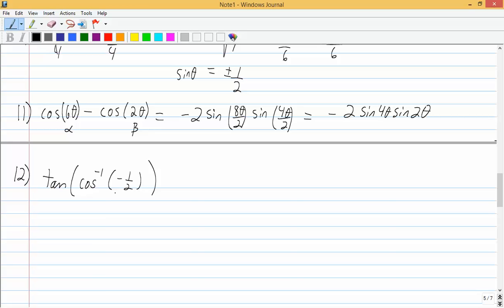So what you want to do first is write over to the side: cosine of theta is equal to x over r, which is also equal to -1/2. All right, so x is -1 and r is 2.